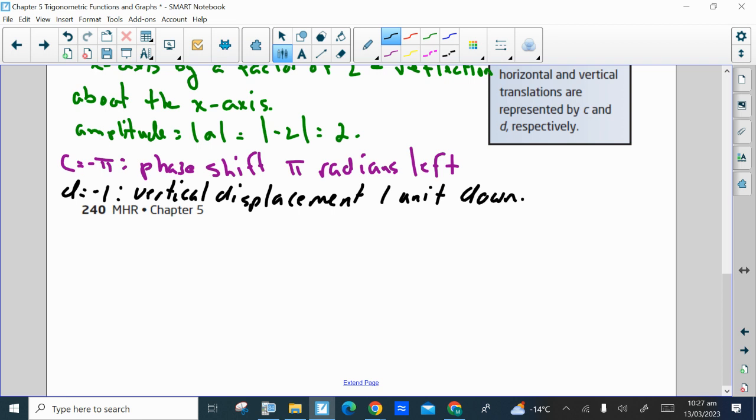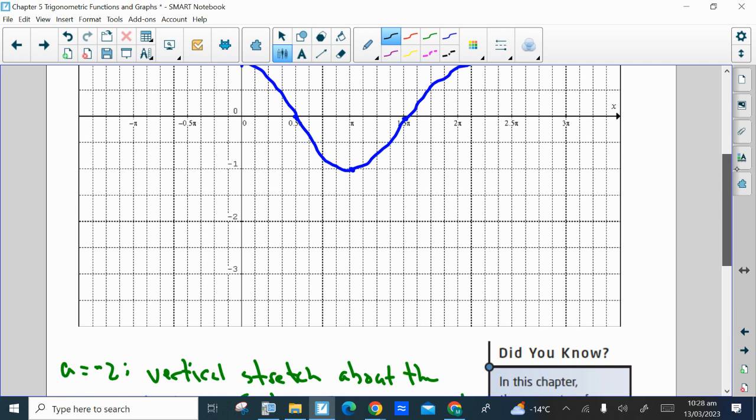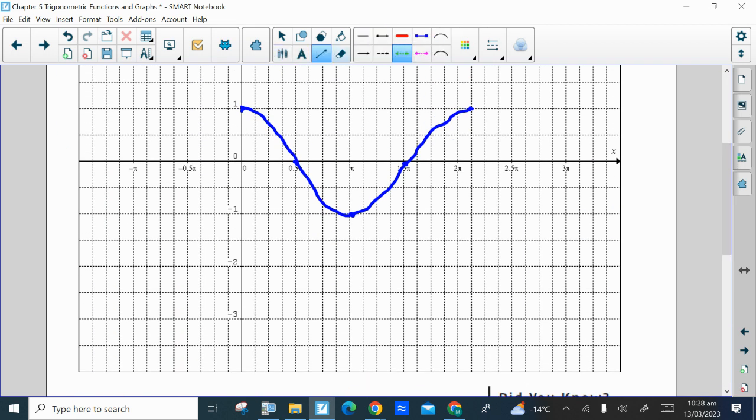So remember that the d value, the vertical displacement, tells us where our horizontal midline is. It's at -1 in this case. So we'll start by drawing that in there. So what's going to happen to our starting point? Our starting point was at 0, 1. The two things that are going to affect that are the a value. Remember, we've got an a value of -2, so that'll cause a vertical stretch by 2 and reflect it over the x-axis.